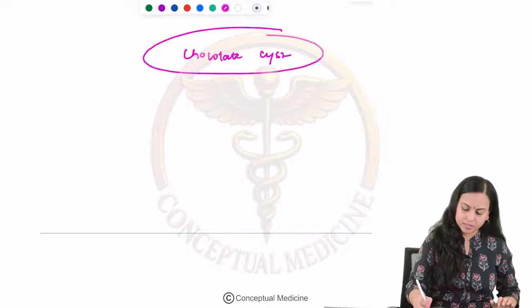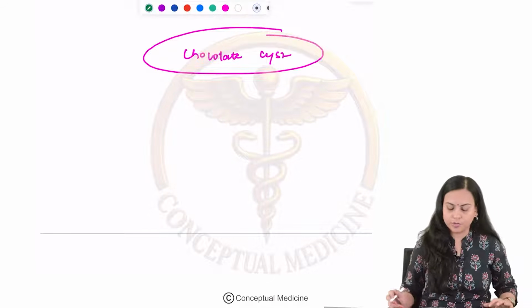Clear? And the next point is about the macroscopic appearance of endometriosis.